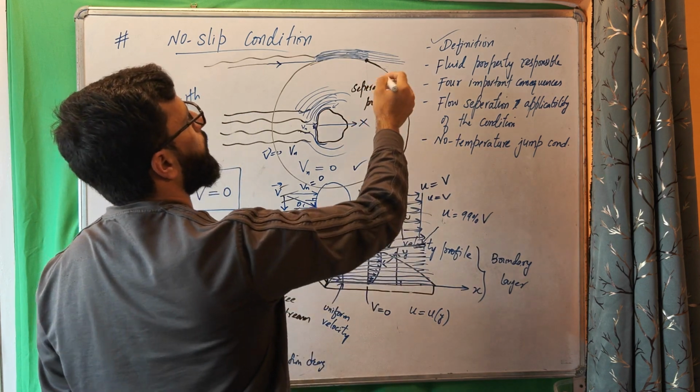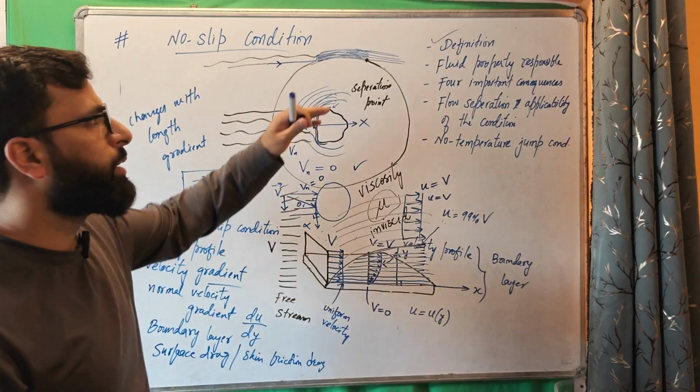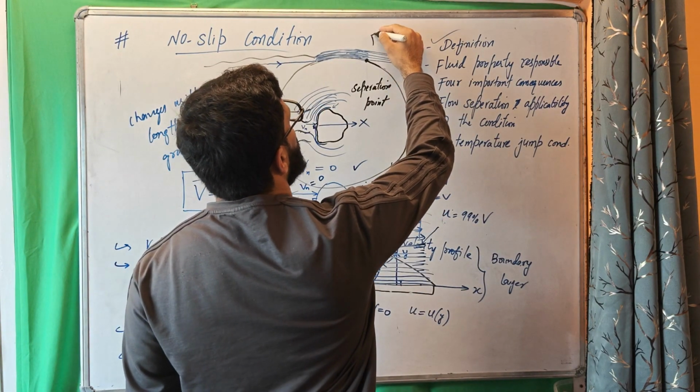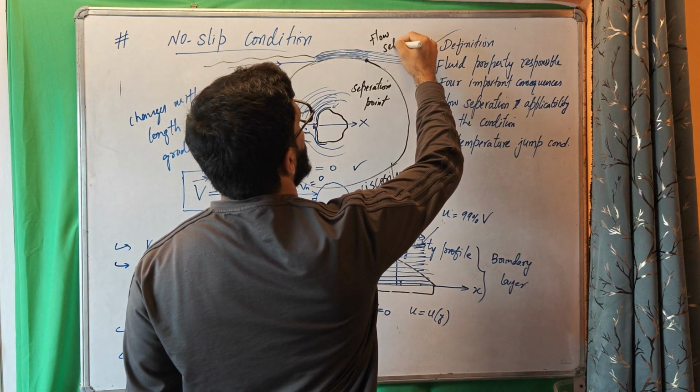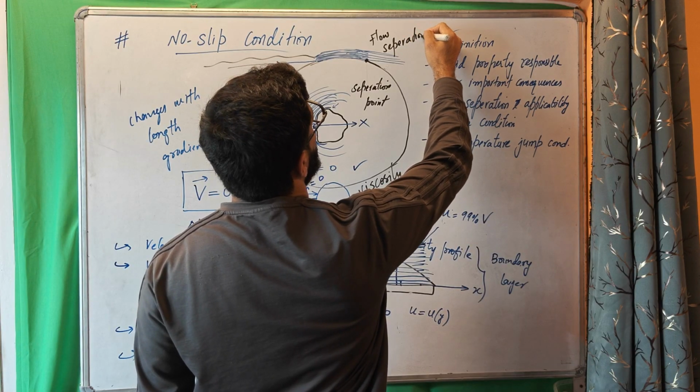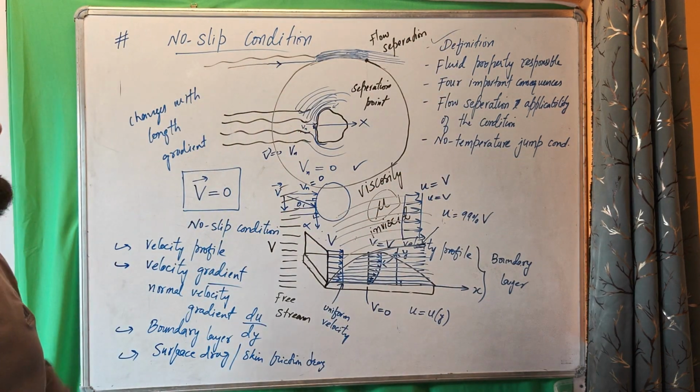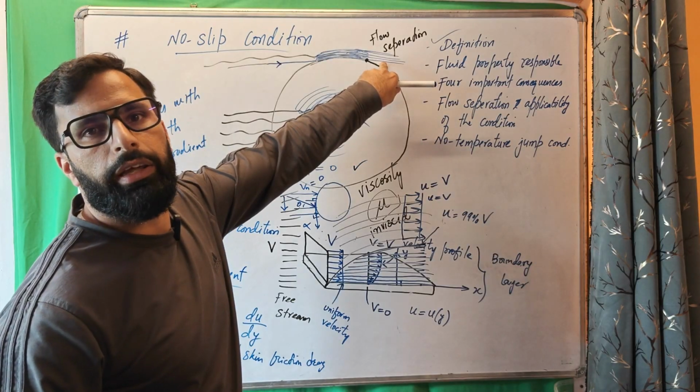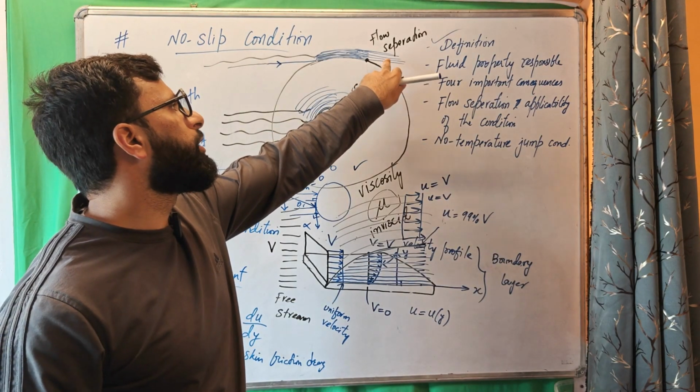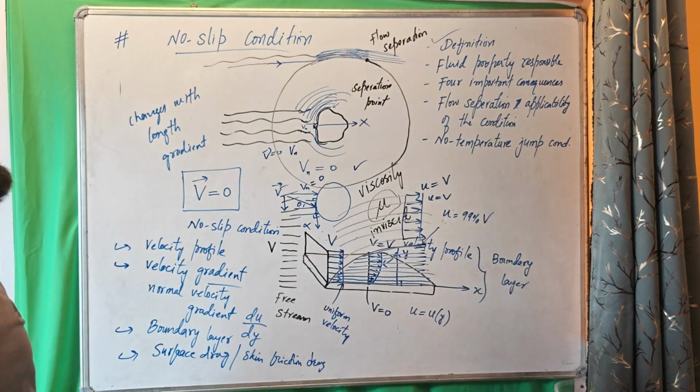This phenomenon of the boundary layer getting separated from the solid surface is called flow separation. This is the separated region, the empty gap between the flow and the solid surface.